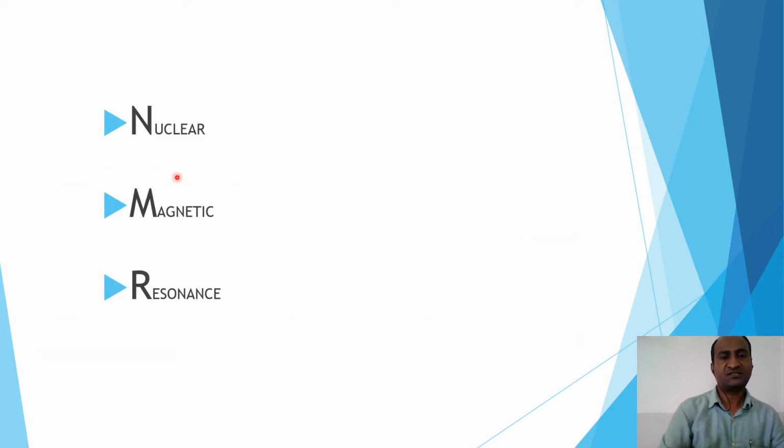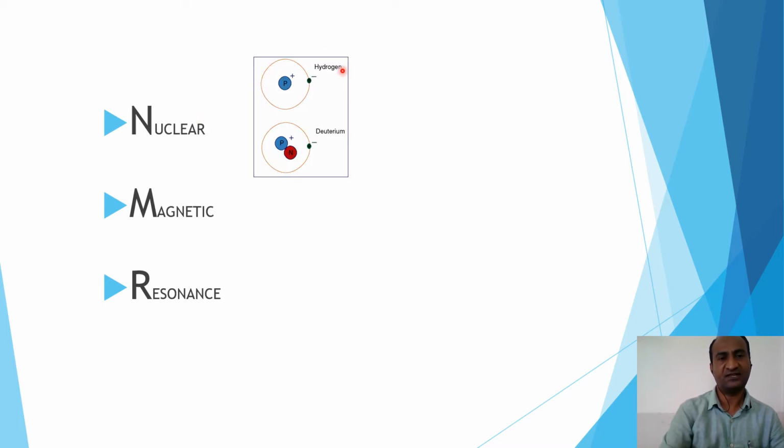Now let us dissect the words nuclear magnetic resonance. Nuclear stands for the nucleus of the atoms. If we consider hydrogen, inside the nucleus there is one proton, and in the circulating orbit there is one electron. So this is 1H hydrogen.